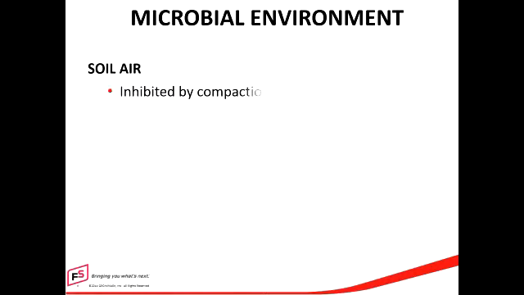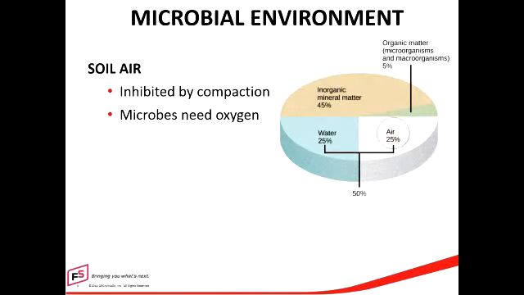Now, a little further on the microbial environment, from the standpoint of a favorable environment for activity, we need soil air. We discussed earlier that Nitrosomonas and Nitrobacter are both aerobic bacteria. That means they need oxygen. Now, as a result, they're going to be inhibited by environments that have less oxygen, such as caused by soil compaction.